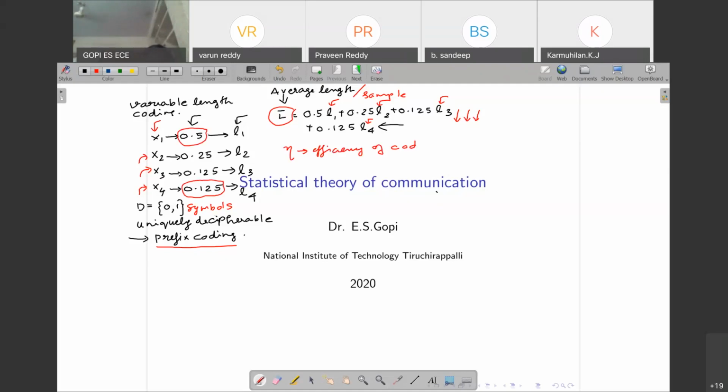We discussed the inequality basically. What is it about? It is the bound in terms of D and the length of the code for each sample.